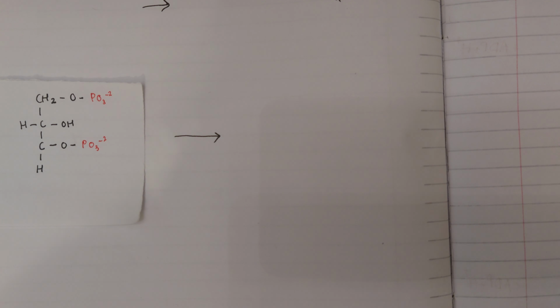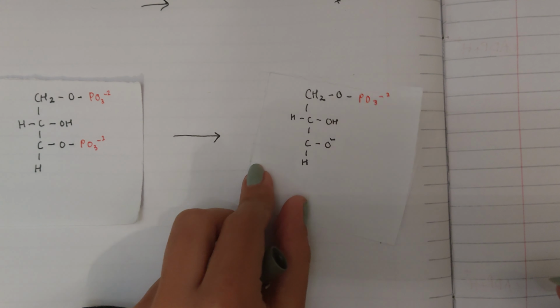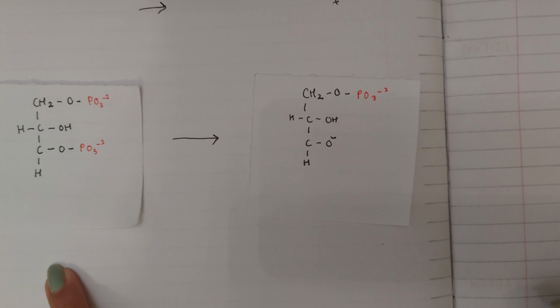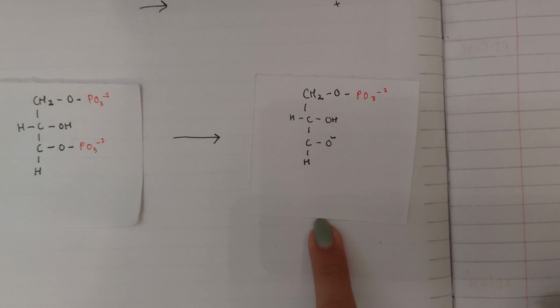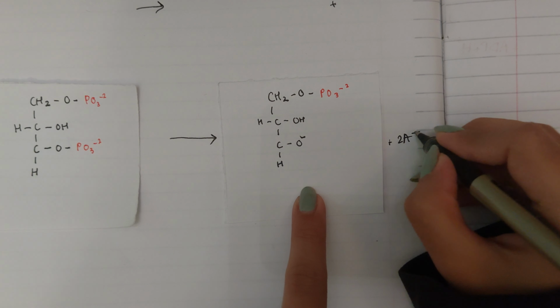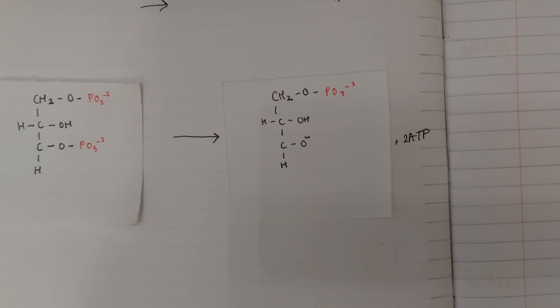In the step of dephosphorylation, this phosphate is removed, hence the 1,3-bisphosphoglycerate is converted into 3-phosphoglycerate. Here 2 ATPs are produced, and the enzyme used is phosphoglycerate kinase.